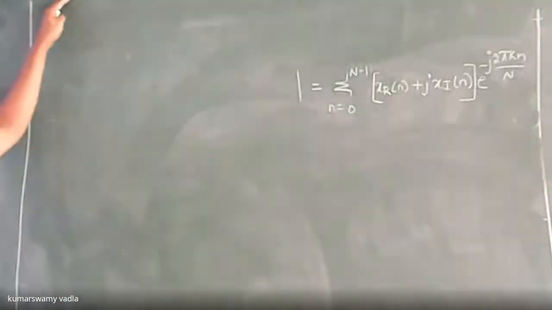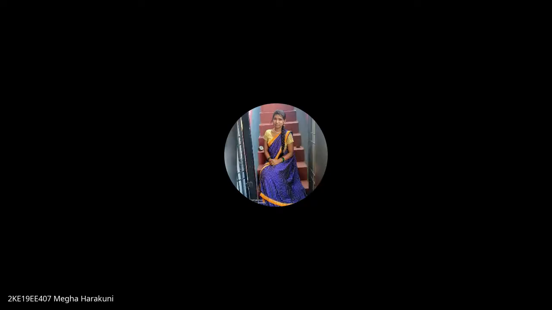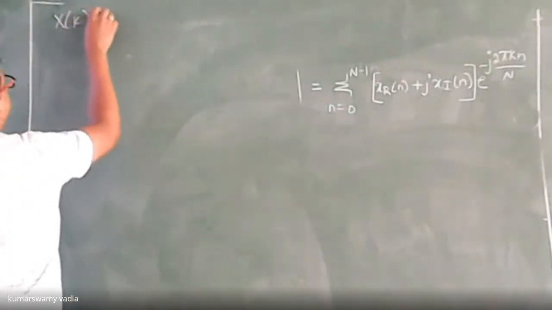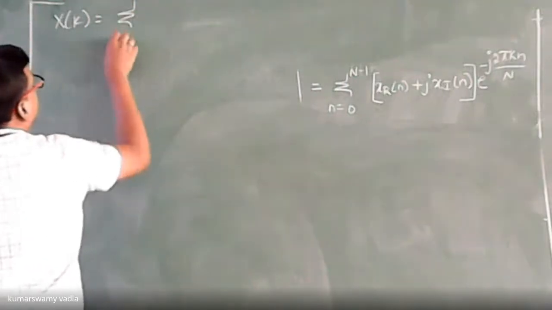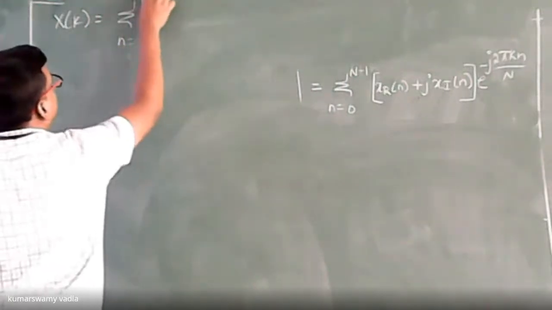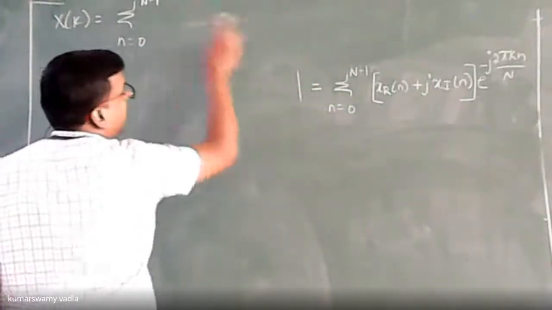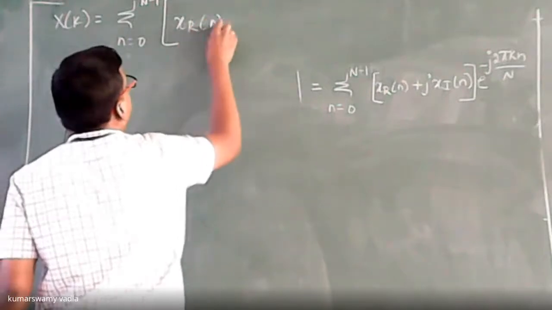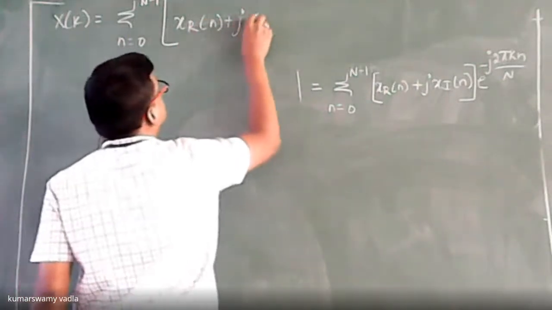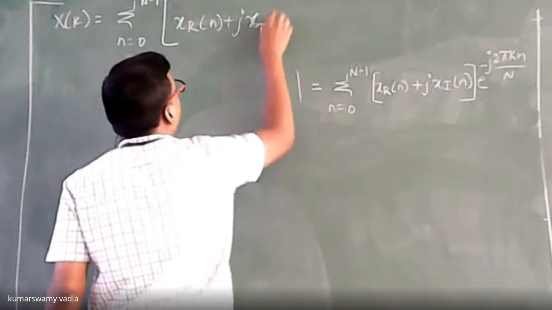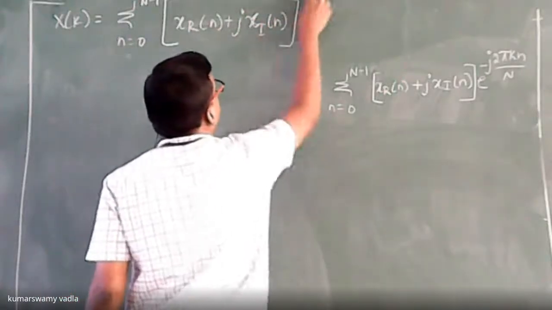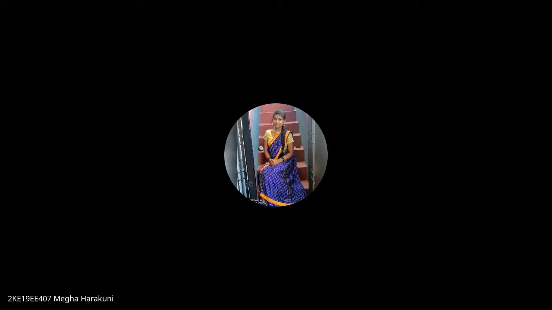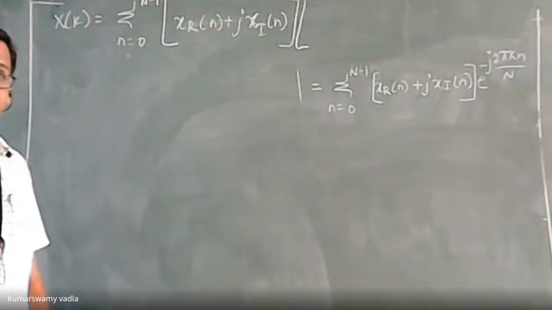Can you see my hand if I write here? Yes, sir. Okay. Now, given this X of k is equal to summation n equal to 0 to N minus 1, I am writing this part, xr of n plus j xi of n into, can you see now, students, the expression?